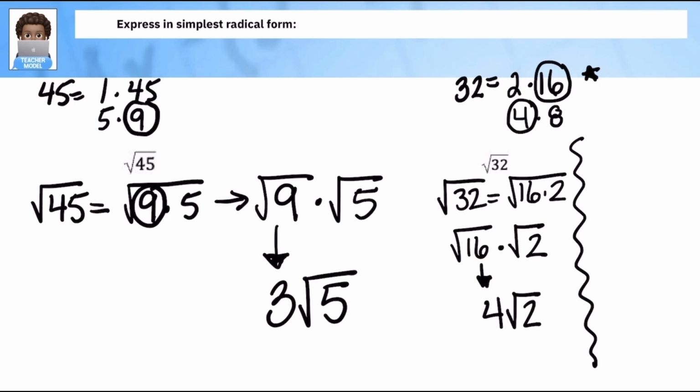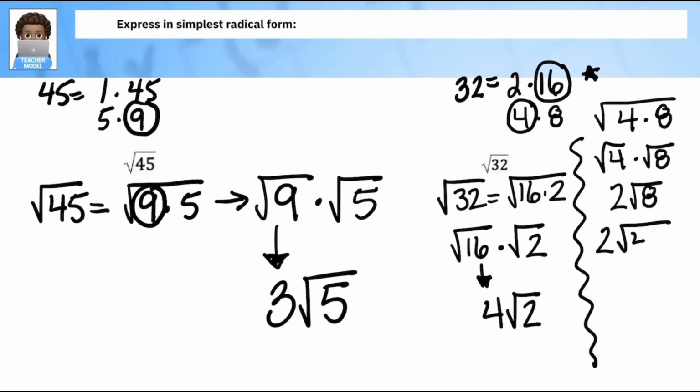So let's say you chose the other one and you had square root 4 times 8. So here's 4 square root 8, and you would end up with 2 square root 8. But 8 has more factors in it that are squares. So let's say you recognize that you could do 4 again, 4 times 2.